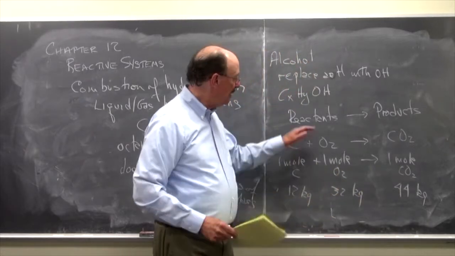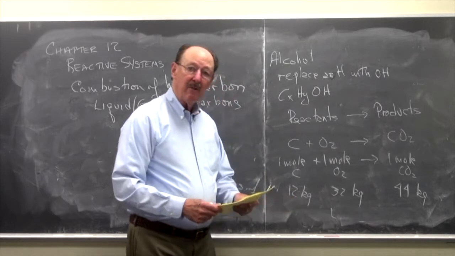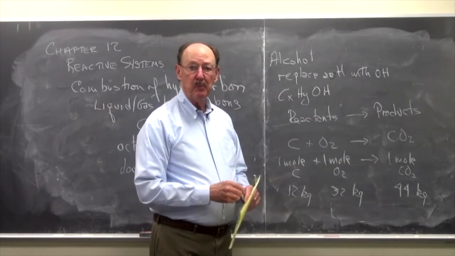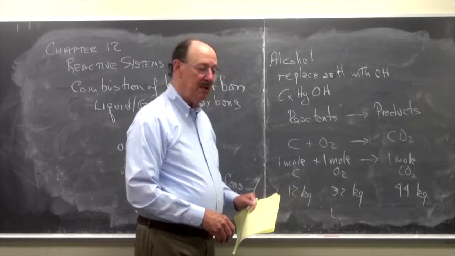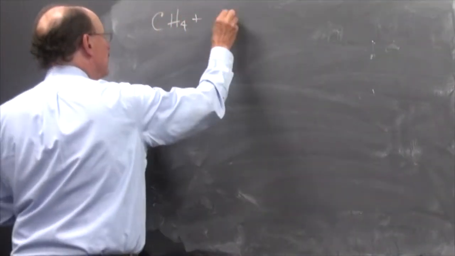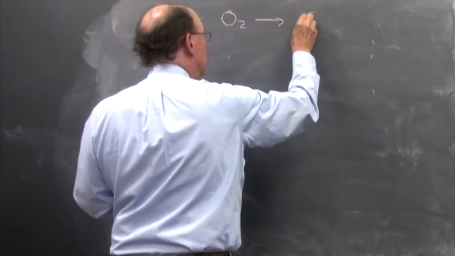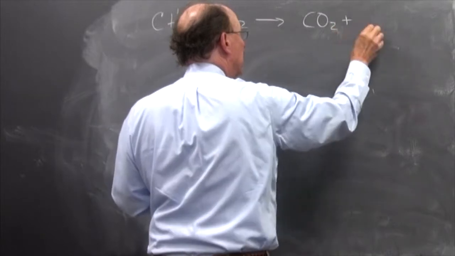So the combustion equation that we write is a conservation of mass equation. Now let's do this for a hydrocarbon fuel. We'll pick a simple one, CH4 methane. So we'll have CH4 plus O2 yields CO2 plus H2O.